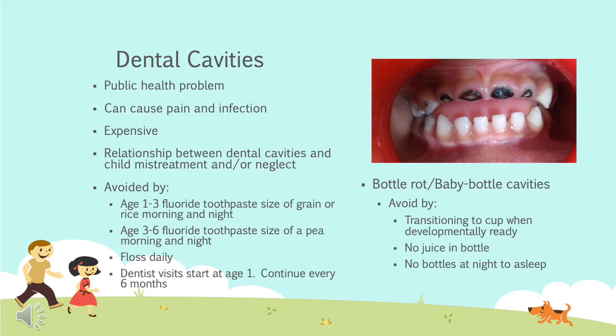It also increases baby bottle cavities when they sleep with a bottle at night, because the nipple is constantly dripping out the material, either juice or milk, which still has sugar in it, and it is sitting on their teeth all night long. So the idea is to have them brush their teeth before they go to bed, and then nothing else in their mouth, maybe a pacifier, but no sugar-containing liquids should be going in, to help avoid the baby cavities.